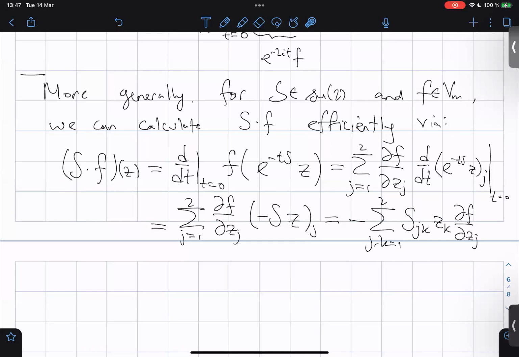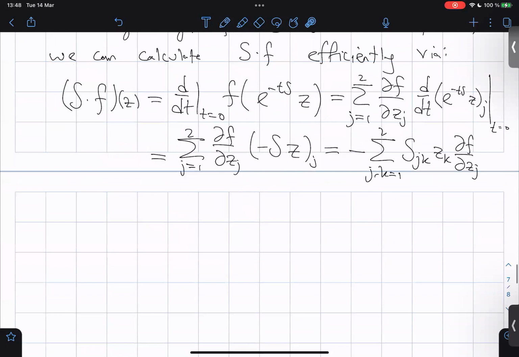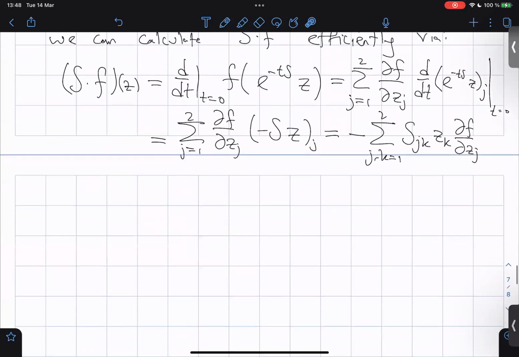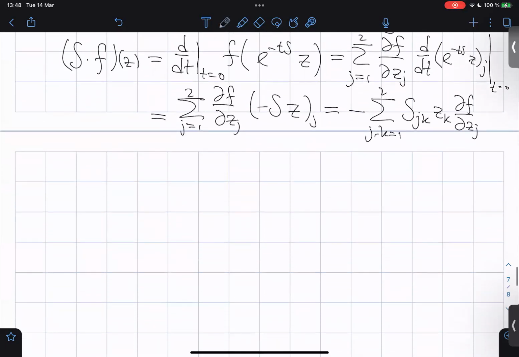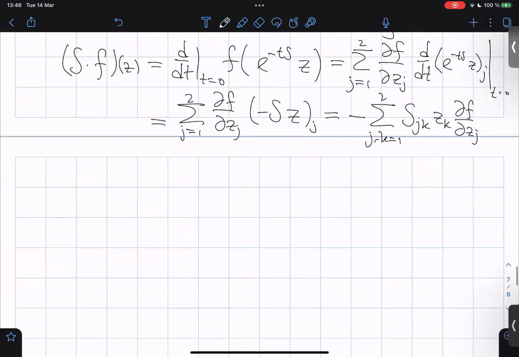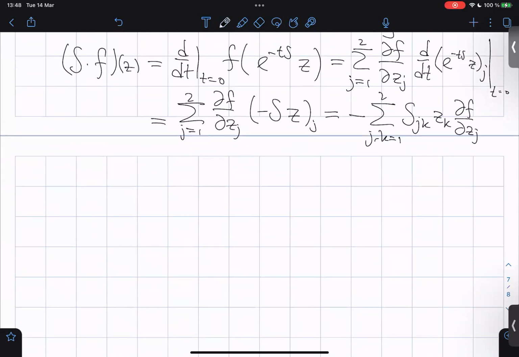In applying this directly, you don't have to go through the group anymore; it's using the chain rule, and you get an efficient formula. We could use this formula for other generators in SU2.